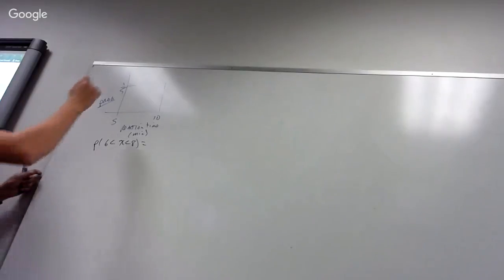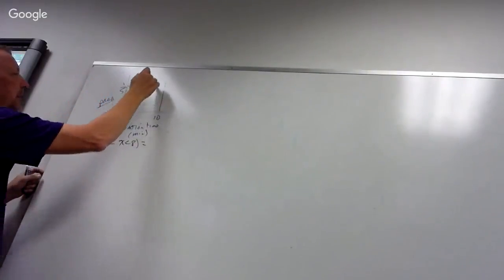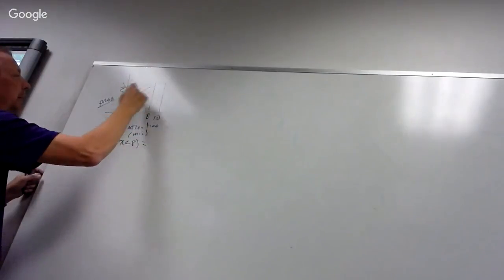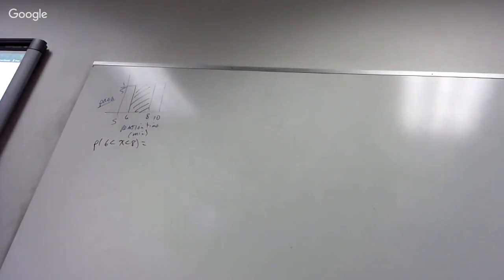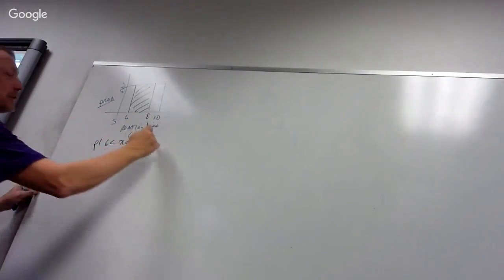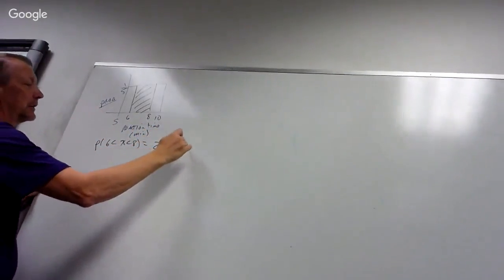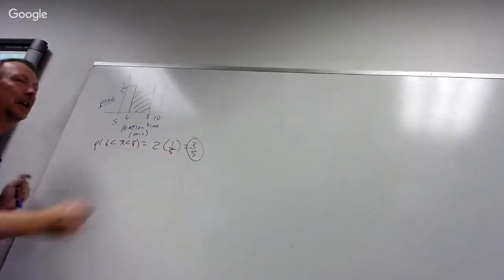Yeah, you could draw your picture here, right? We've got 6, 8, we want this area here, right? So what's that area? You guys are talking way too soft. Nobody's ever going to hear that on the 2 camera. 2 times 1/5. There we go. 2 times 1/5, right? It's 2/5. Okay?